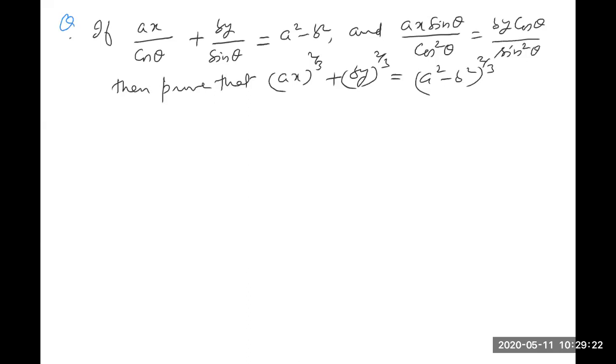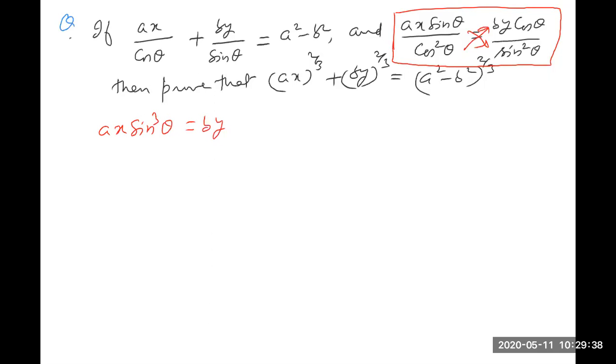So in this question, we have to start with this condition. If you cross multiply, you will get ax sin cube theta is equal to by cos cube theta.